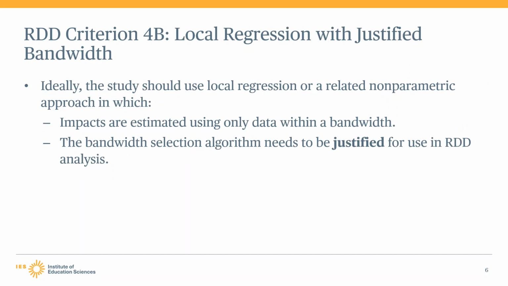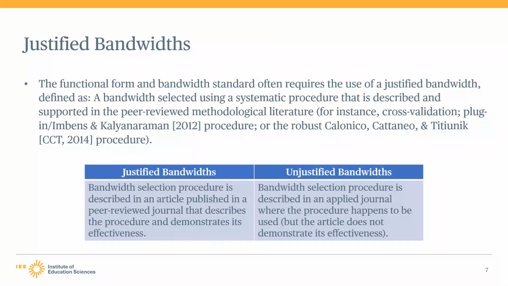Criterion B of the functional form and bandwidth standard, or RDD Criterion 4B, requires that the study use a local regression or a related non-parametric approach, where impacts are estimated within a justified bandwidth. The WWC defines a justified bandwidth as one that was selected using a systematic procedure that is described and supported in the peer-reviewed methodological literature.